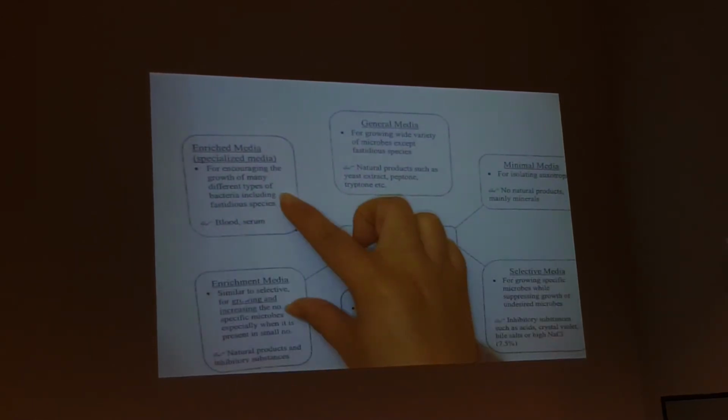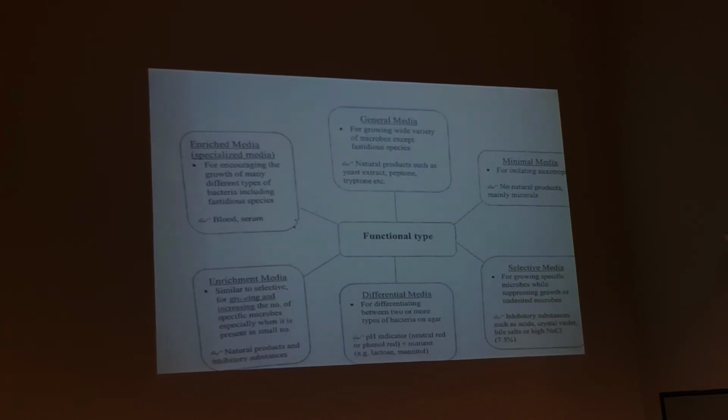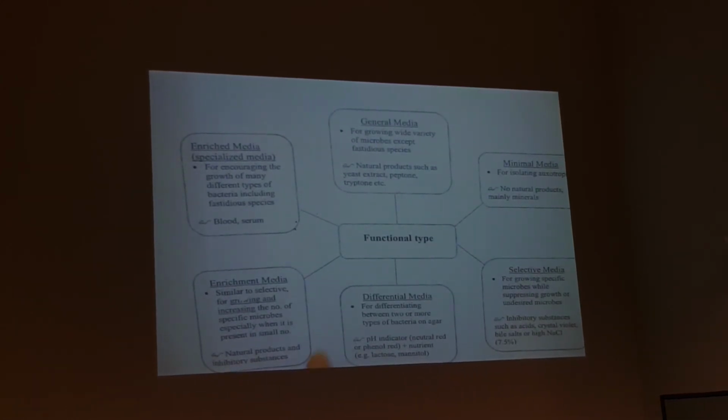The last two media are of semi importance, not exactly the most important, but they may still come out. Enrichment media is meant to increase a small number of certain microbes of importance. For example, Salmonella: 100 microorganisms in the sample can already cause diarrhea and infection.